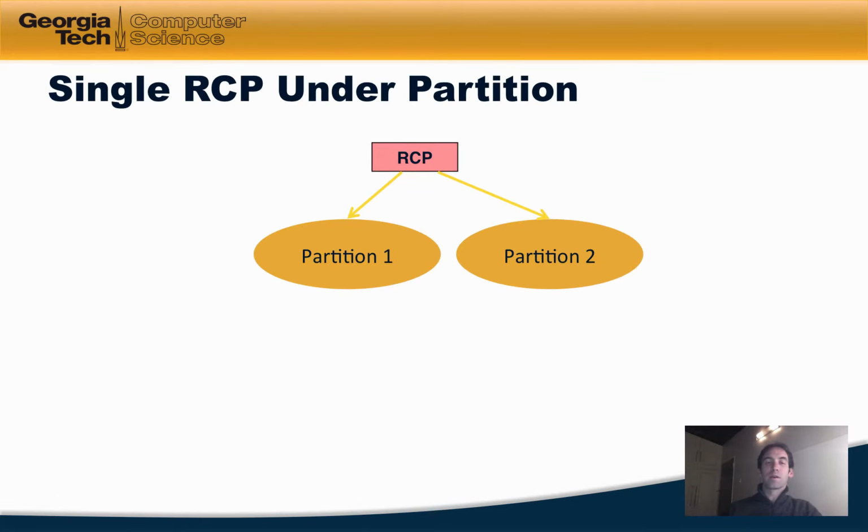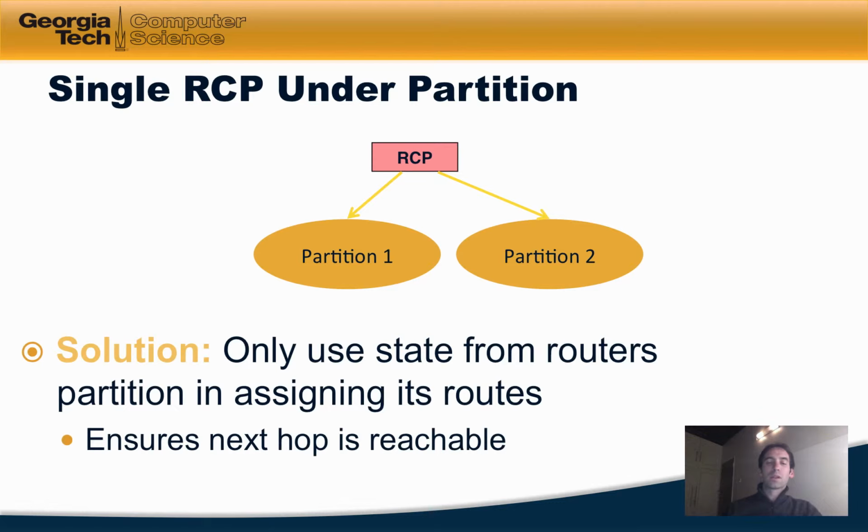Let's see why. Let's suppose that we have a network partition where the routers in partition 1 can't see or can't forward traffic to the routers in partition 2, and vice versa. Now in this case, the solution would be to have that single RCP only use state from the routers in each one of these partitions in assigning routes.